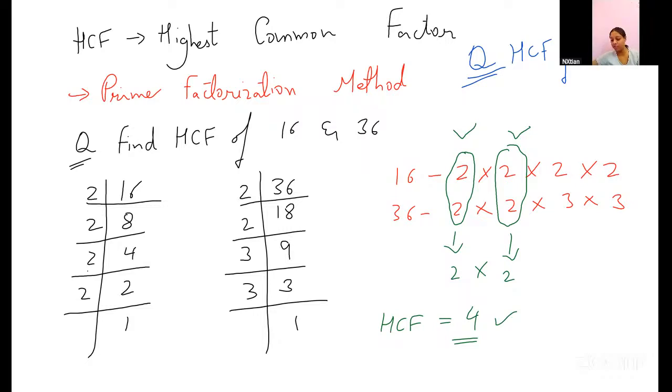See, I'll show you. Because I'm not able to get any groups minimum. 12 and 30 we had. So first the HCF of 12.